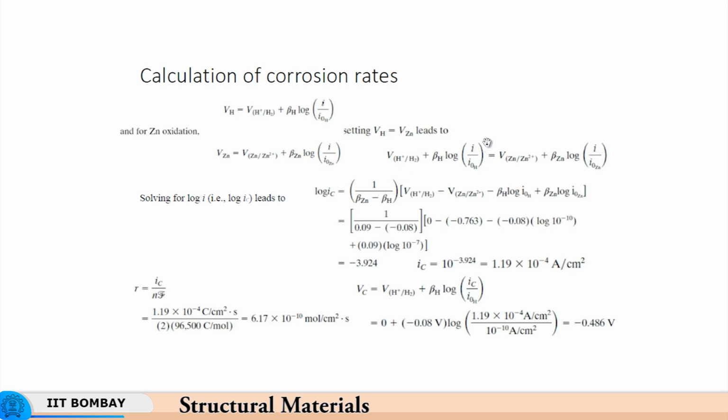So, this is equated with that, and what we are interested in finding out is the current IC, that is the corrosion current, so that when we use the IC in this rate formula, we can get the rate of corrosion of zinc in moles per square centimeter per second actually.